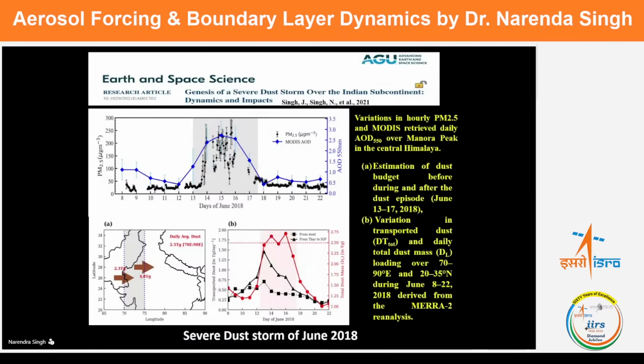And if you see that generally in normal conditions, most of the time we measure PM 2.5. Particulate matter is also a kind of aerosol, having an aerodynamic size less than 2.5 micron, and it is very detrimental to the environment and human health.